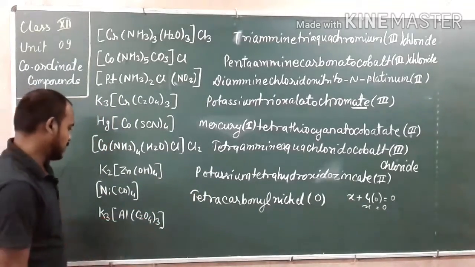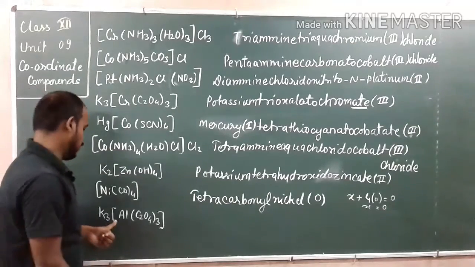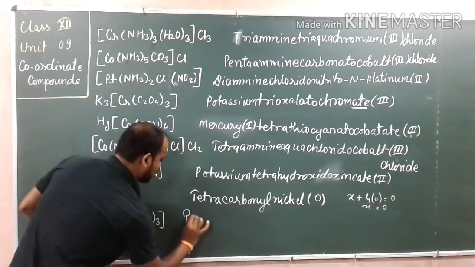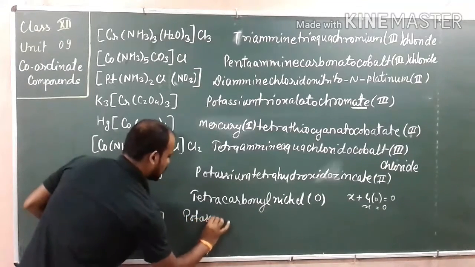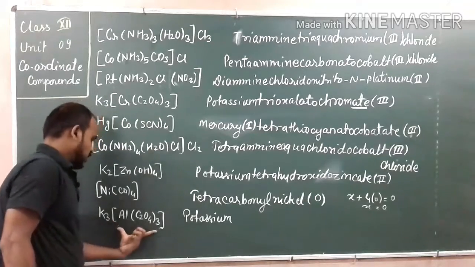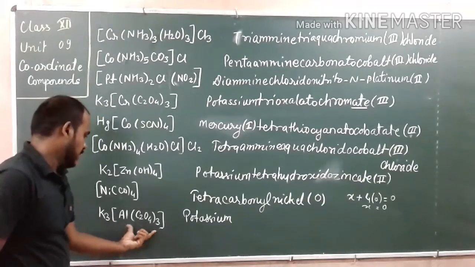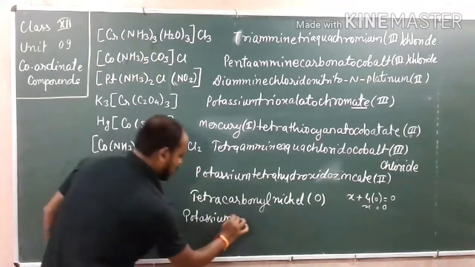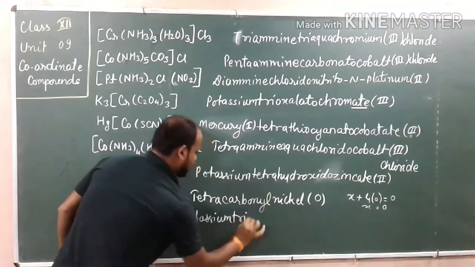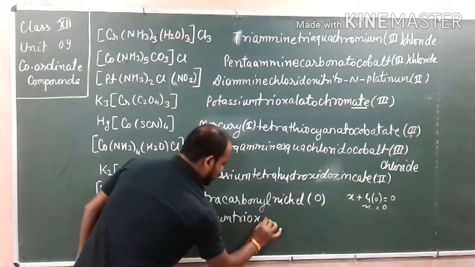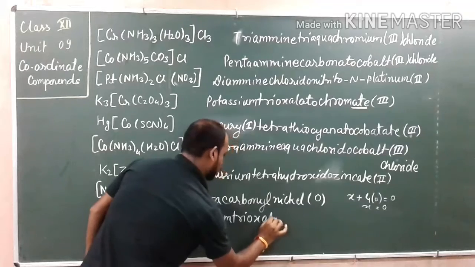And the last one: since before the bracket there is potassium, this will be potassium. After the potassium, this one is now the anion. So here first write the number and name of ligands. The number is 3, so it will be tri, C2O4. Since it is oxalate, the name will be oxalato.